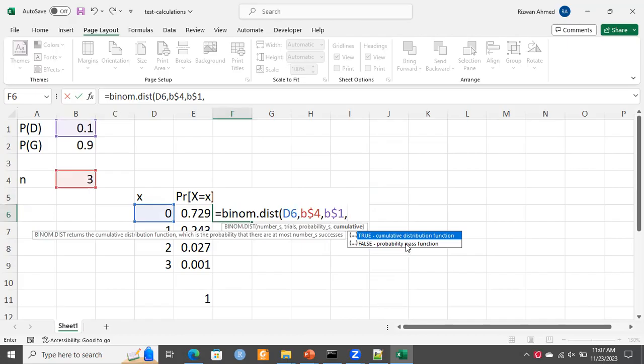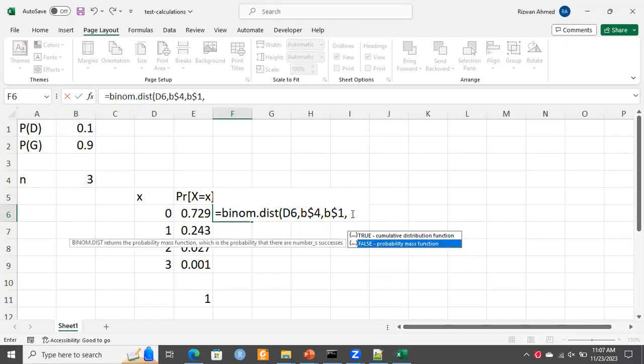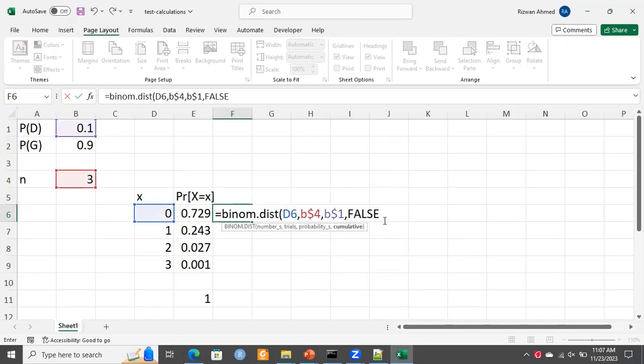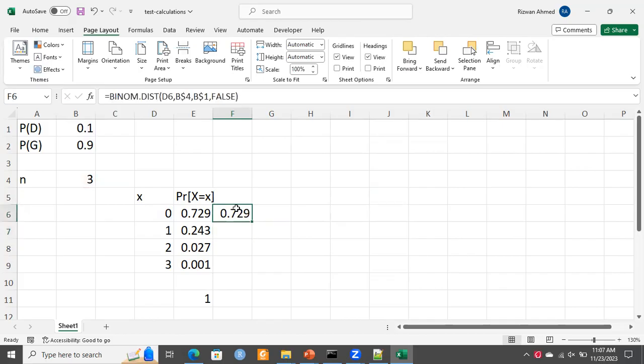So I select false. You can see the word, it is to generate the probability mass function, individual probabilities. So it means we have done it the right way. The calculation of factorials has been programmed in the binom function.